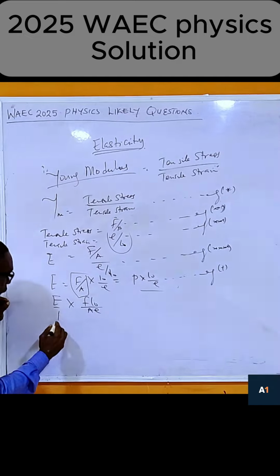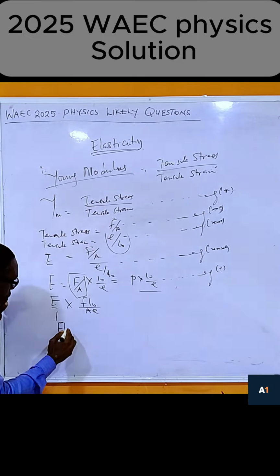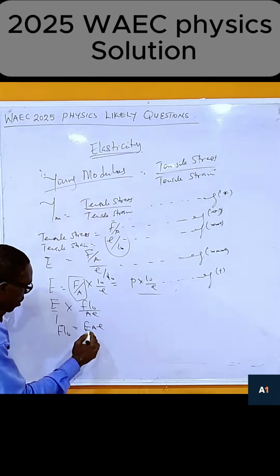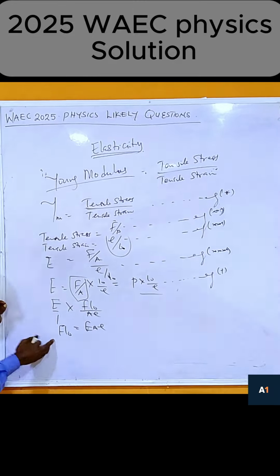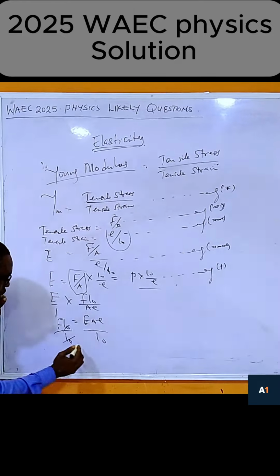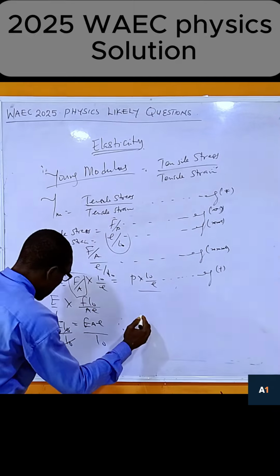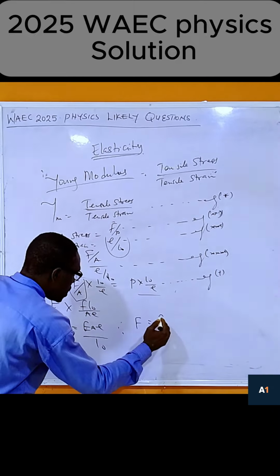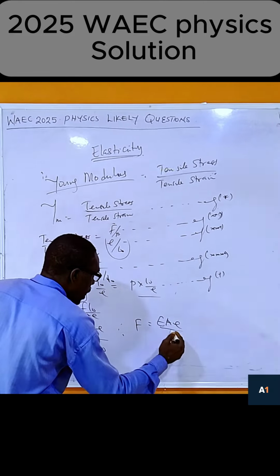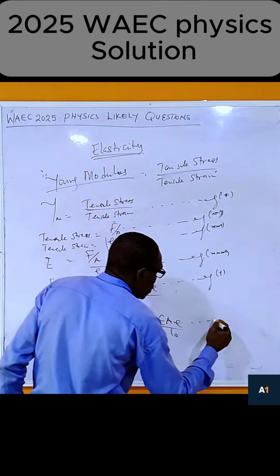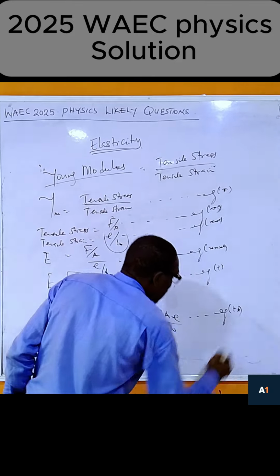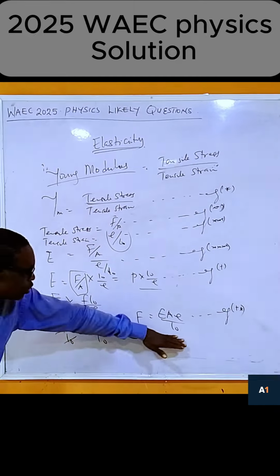So cross multiply, we now have E L naught equal to F A e. Then to make F the subject of formula, divide both sides by L naught, so this one cancels this. Therefore we have F equal to E, which is Young modulus times area, then e all over L naught. Call this one equation dagger star. So this one can also be useful.